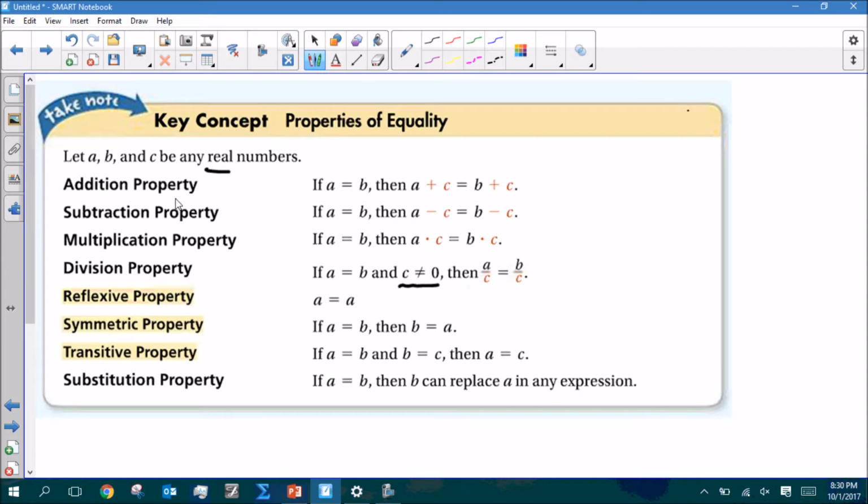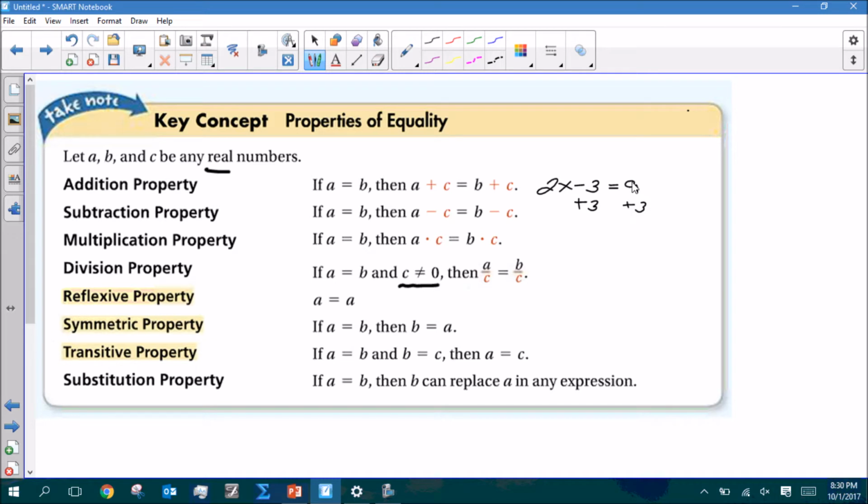Okay. First one, pretty straightforward, addition property. You've dealt with this since you've started first solving equations, guys. If I have something like 2x minus 3 equals 9, okay, all of us know that the first step in solving for x would be to add 3 here and to add 3 there. And that's the way we see it.